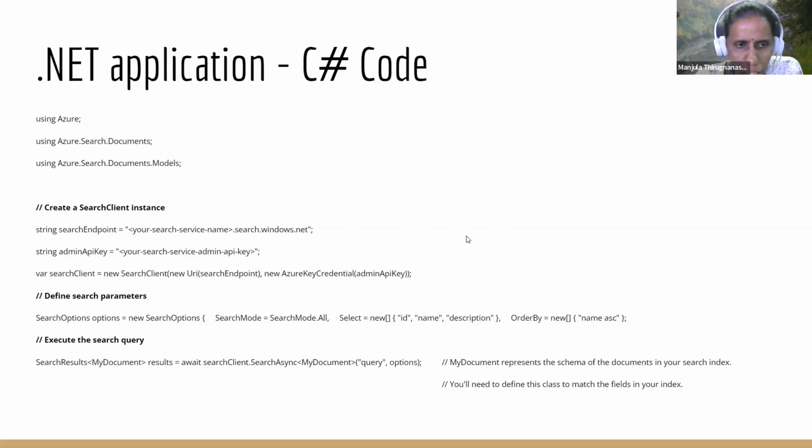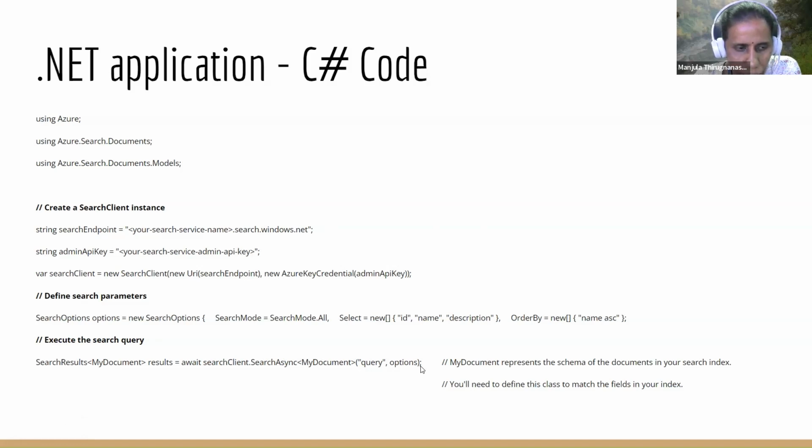So endpoint is the service that you created, and then the API key, and then we need to create a search client. After that, we need to specify the options. So what all we need to search, that is what is the search results and how it has to be ordered.